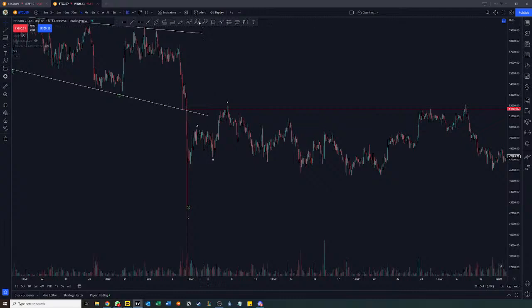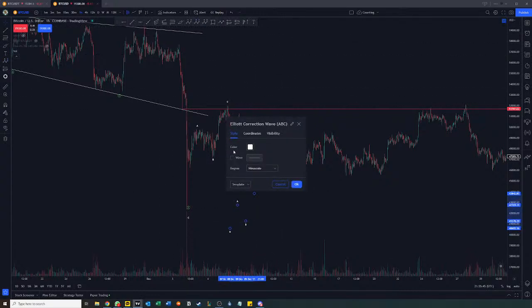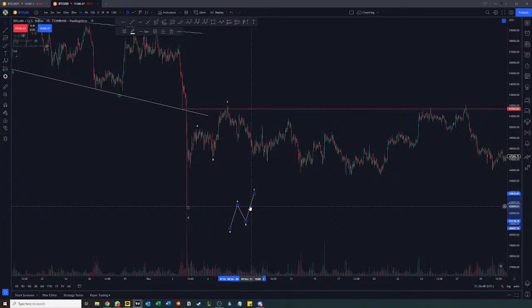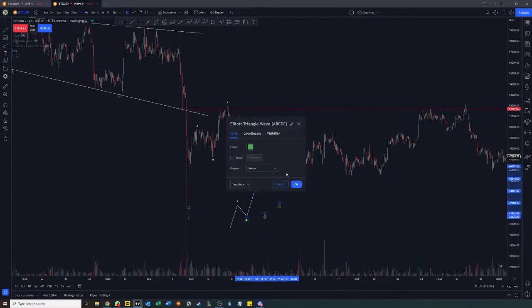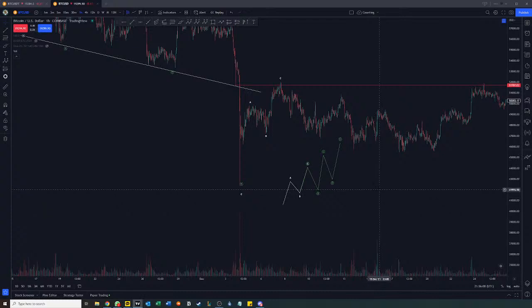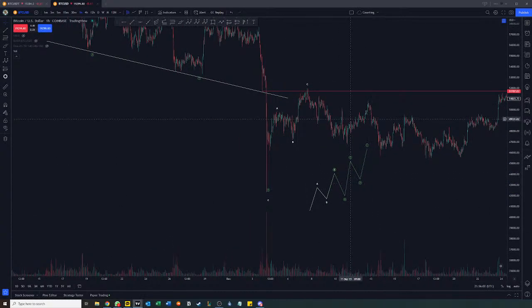So for example, as an A, B, C, if this C part is extended, then you can get A, B, C, D, E. So this is a very, very common way of a corrective wave.